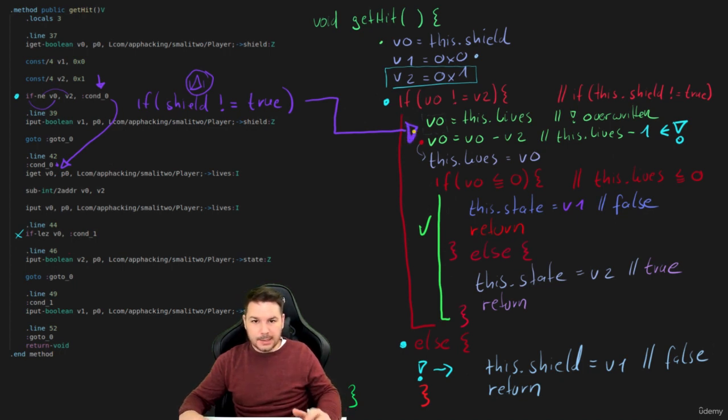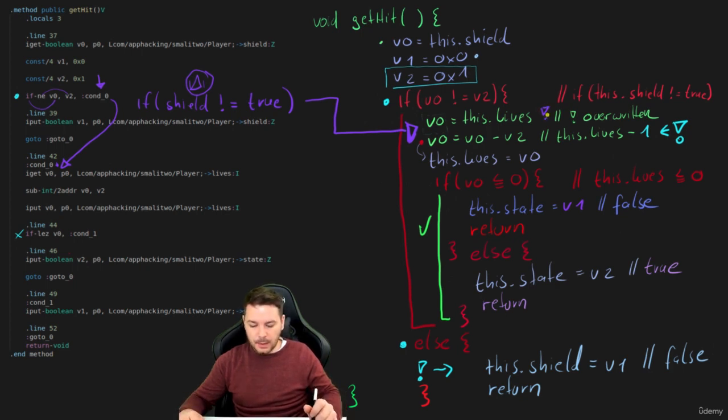It's a little bit hard thinking about this, and the brain is a little bit confused. But if we keep doing this, you get practice and then you will be faster. So let's check this out. What do we have here? If our shield is not equal true, this means we are not having a shield. This is what this statement is about. We are losing a life, this line over here. And that's absolutely correct.